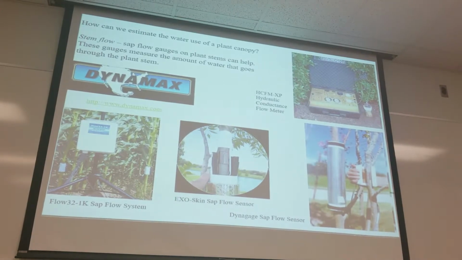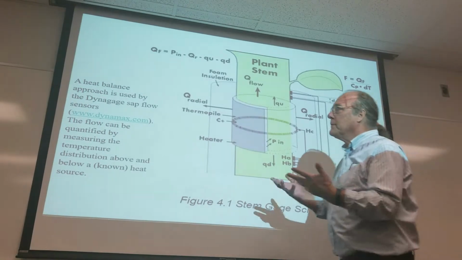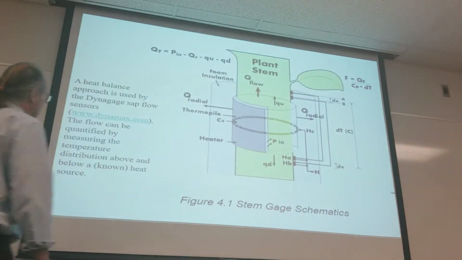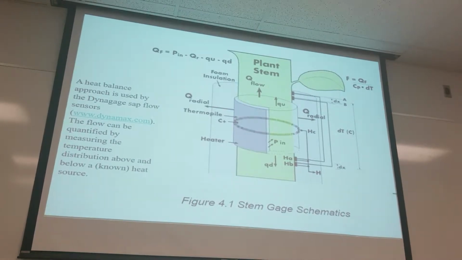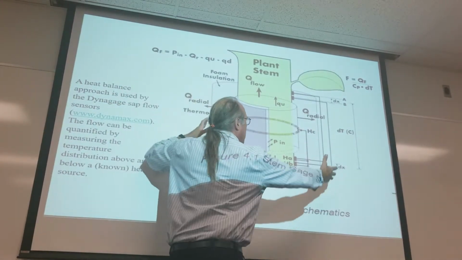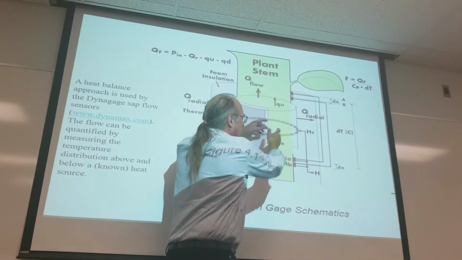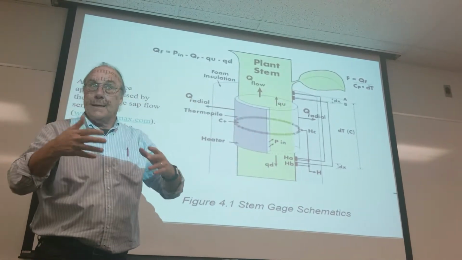now. But, anyway, one of the ways these things work is by measuring the amount of energy you put into the system and then the temperature distributions around where you're putting that energy in.